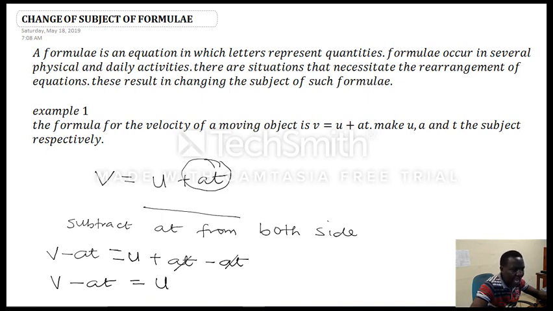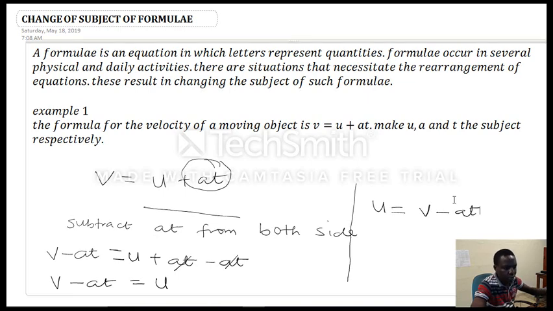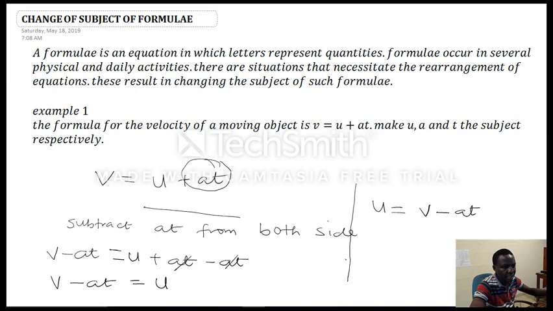By doing this, I have made u the subject of the formula. And let me use this side of the board, and I can now take u to the other side of the equation, thereby having u is equal to v minus at. So u has been made subject of the formula.